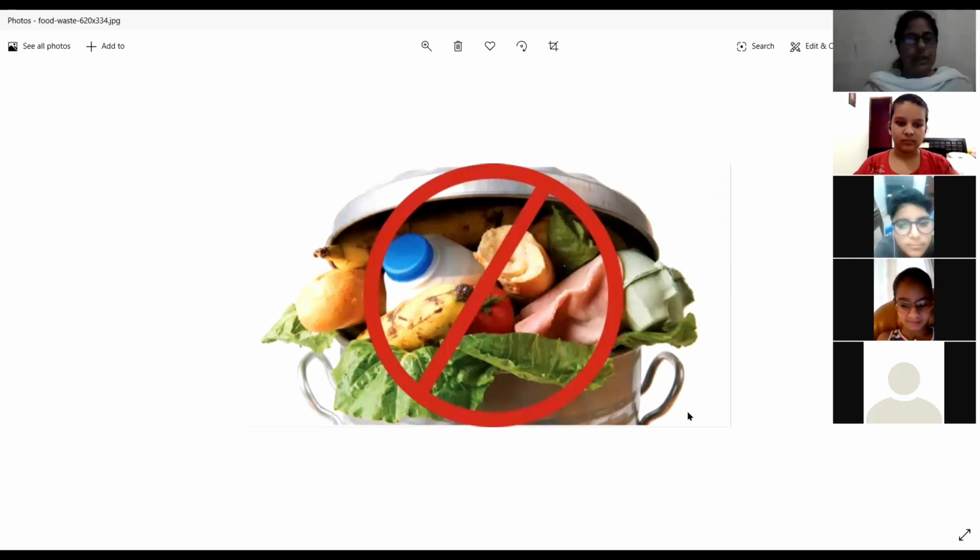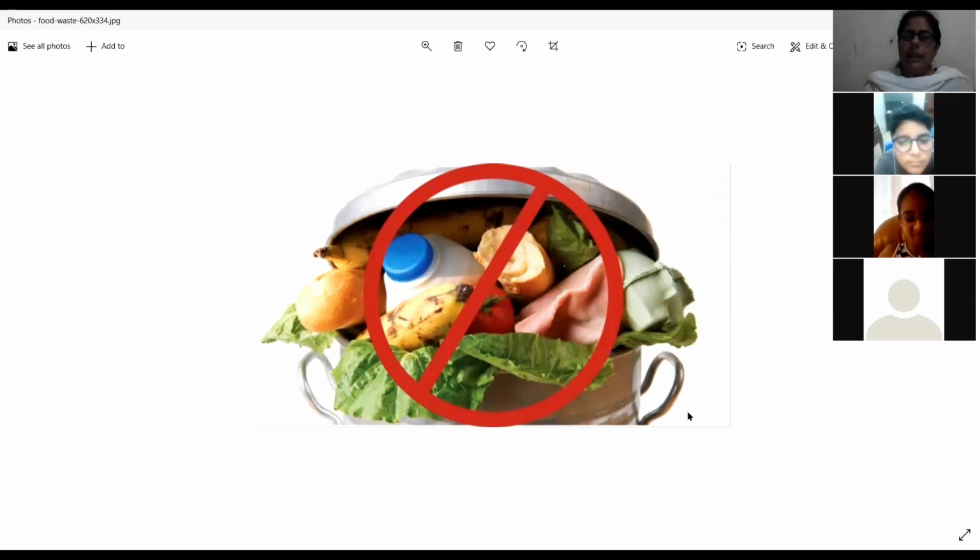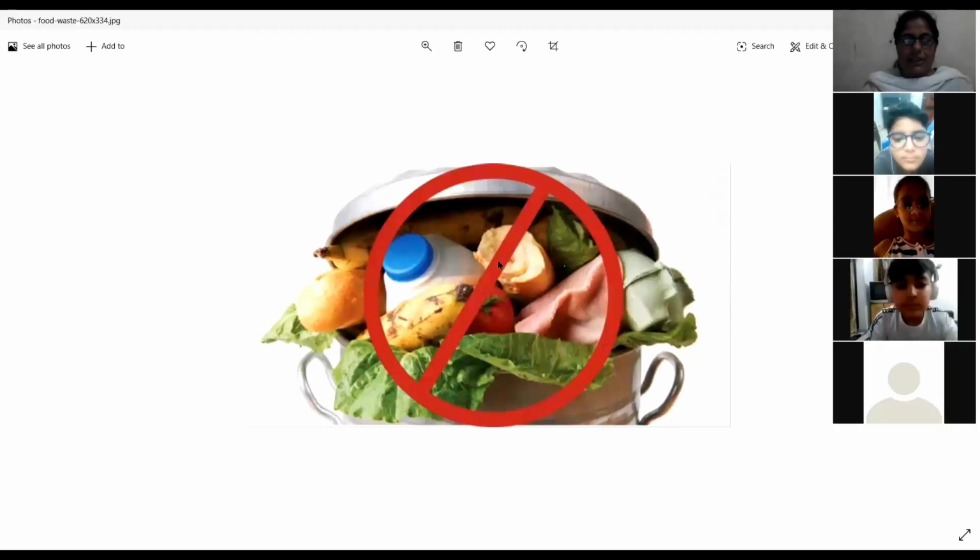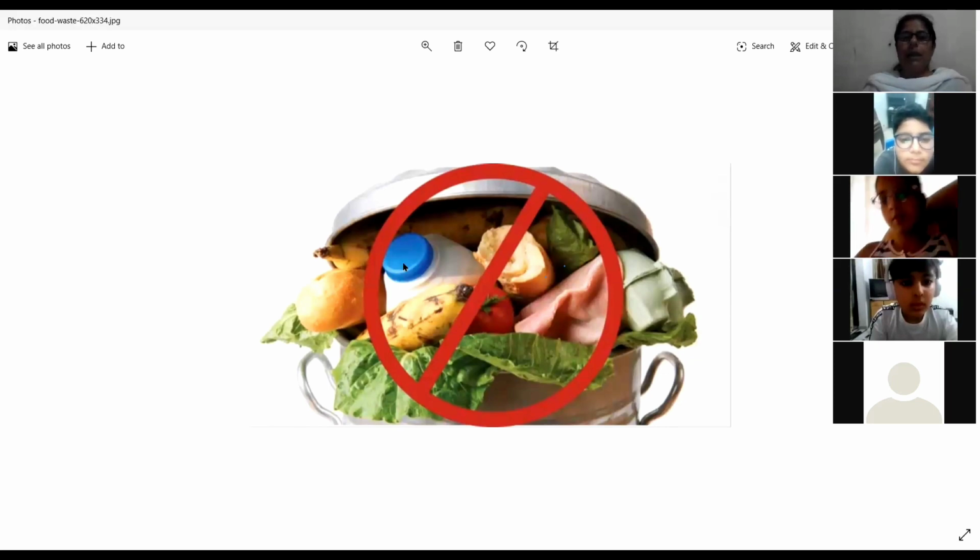Do not leave food in your plate. And if you're not liking the food, do not stuff the dustbin. Stray animals are also starving these days. People do not have money to buy a lot, so they are starving on the roads. So we can feed them instead of stuffing the dustbin. See, so many fruits, milk bottles, so many things are there. It's very bad. It's very, very sad.